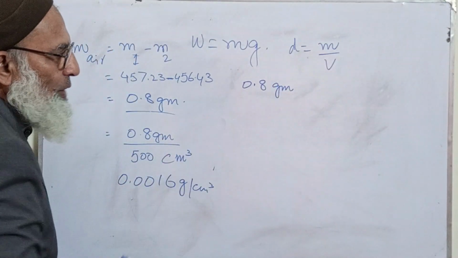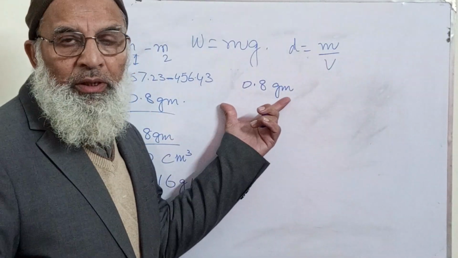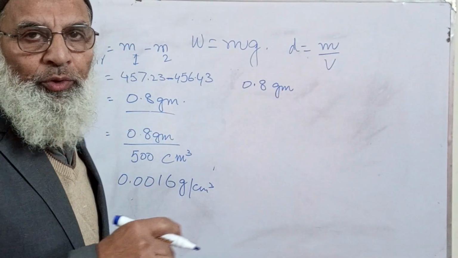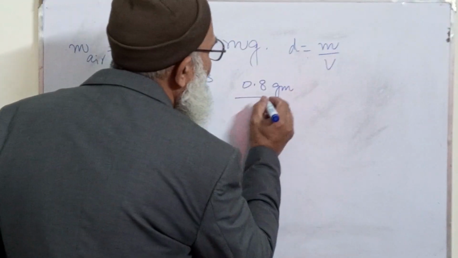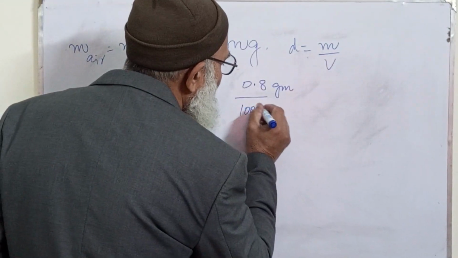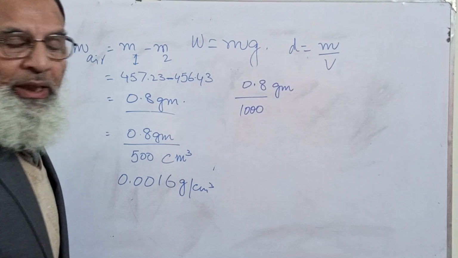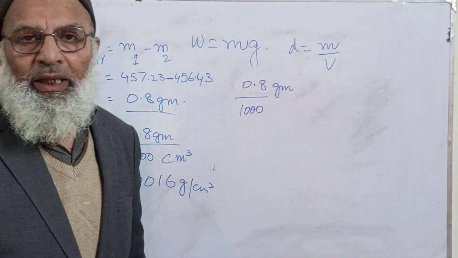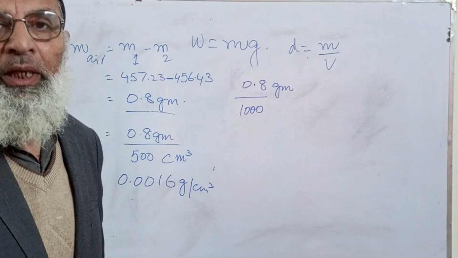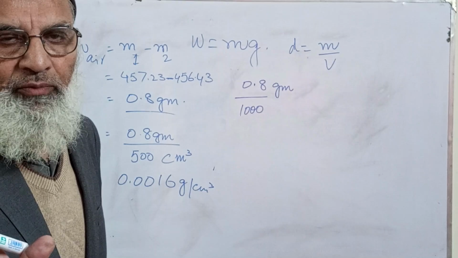And when you go from grams to kilograms, you have to divide by 1000, because there are 1000 grams in 1 kilogram.